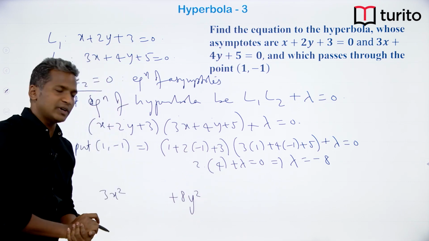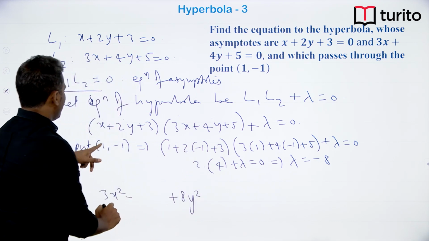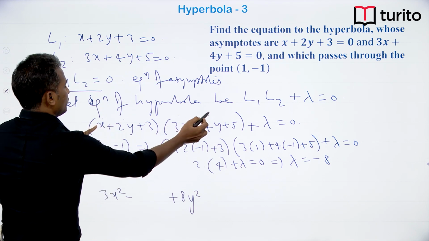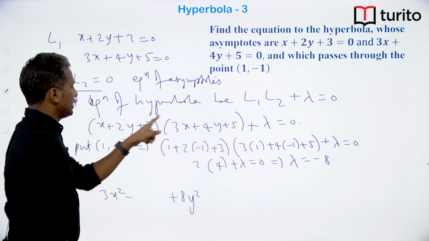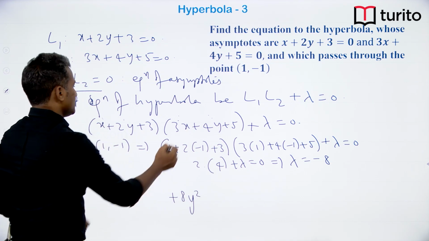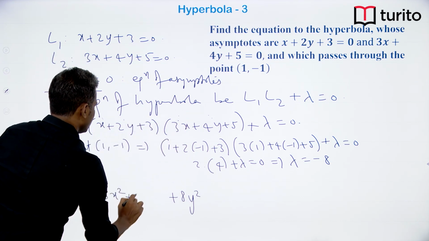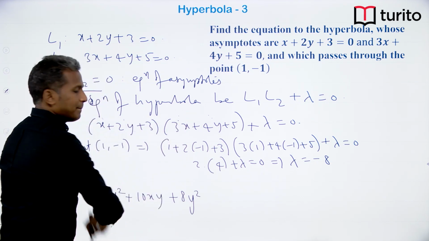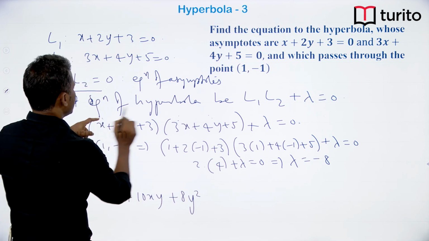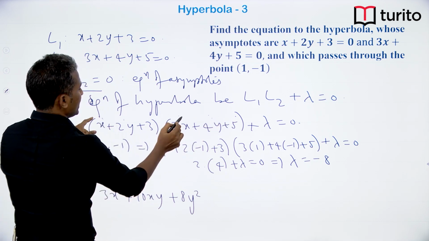Now, what about the xy term? Here x into 4y, 4xy, here 2y into 3x, 6xy. So, 4xy plus 6xy is plus 10xy, and again x terms, x into constant and x into constant.